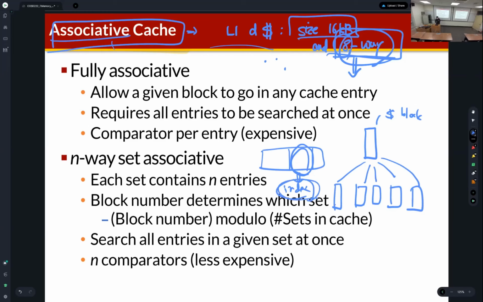Which means that if data has the same index field, then these data spaces are mapped to the same block of the cache. Okay, this organization is what we learned in the previous class.